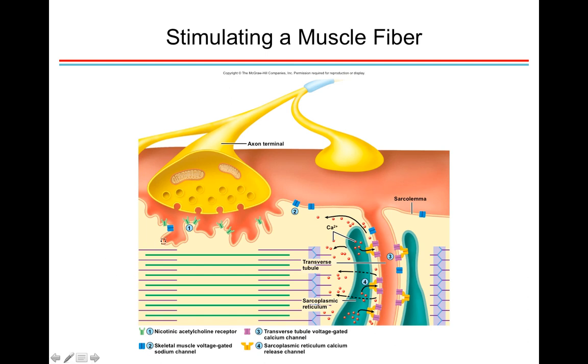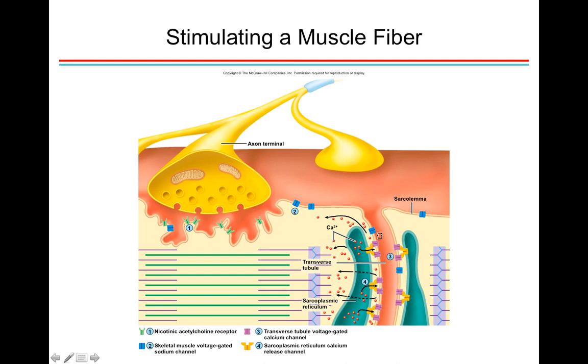So the end plate potential is going to increase the membrane potential inside the muscle cell. This in turn will then go over to number 2 over here, which are voltage-gated sodium channels. The voltage-gated sodium channels will open as the membrane potential increases, and this will lead to a further surge in the increase of the membrane potential.